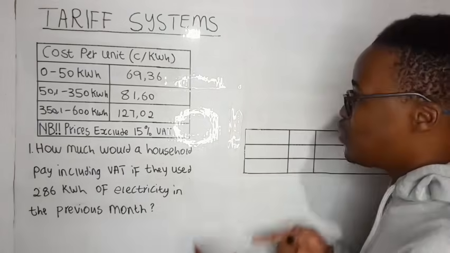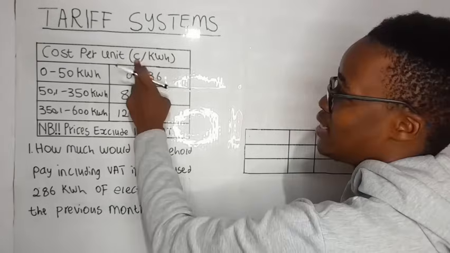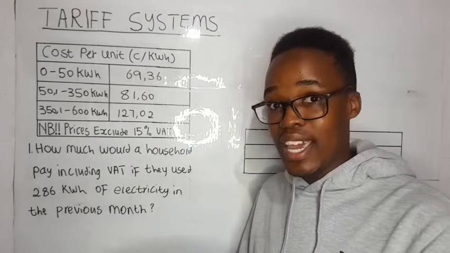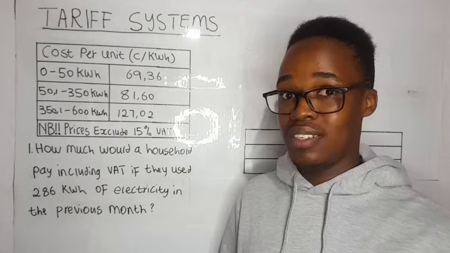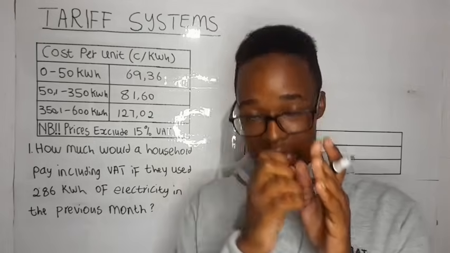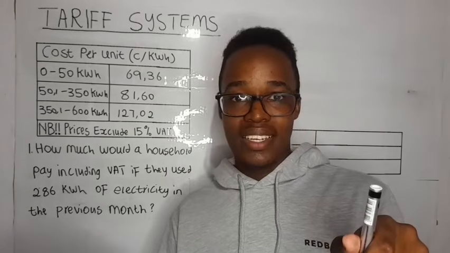First, we convert these amounts into rands since they're written in cents. We all know that when you convert money from cents to rands, you divide by 100. Why do we divide by 100? Because 1 rand has 100 cents in it.